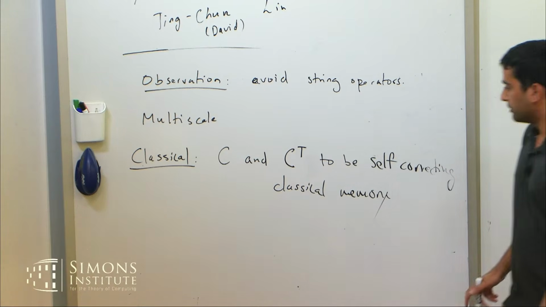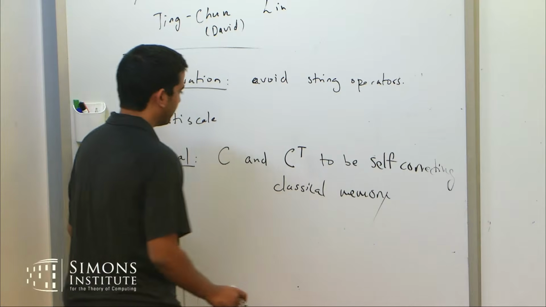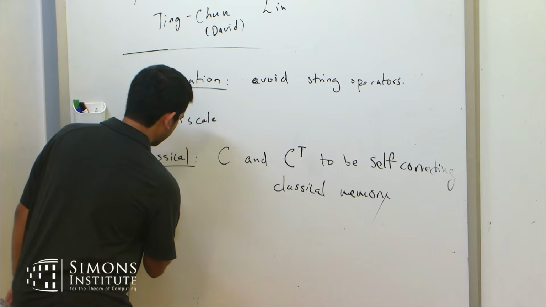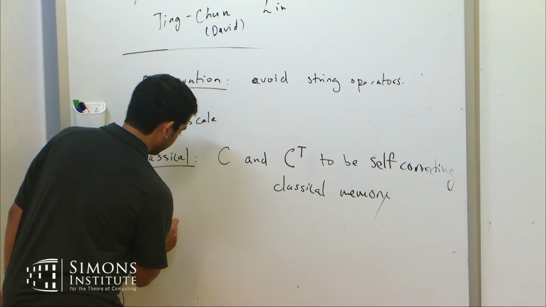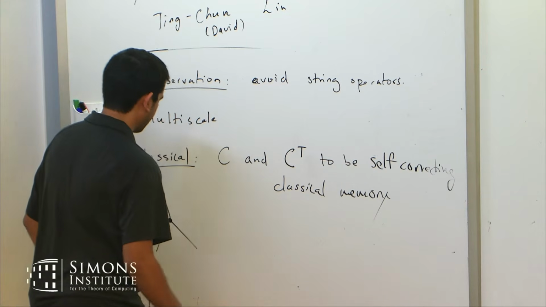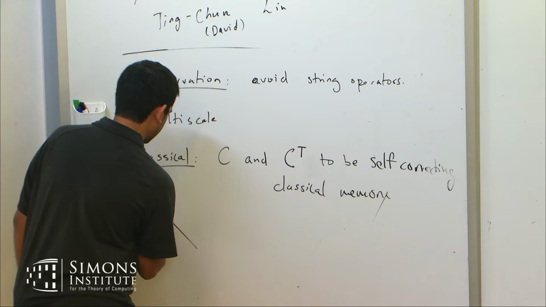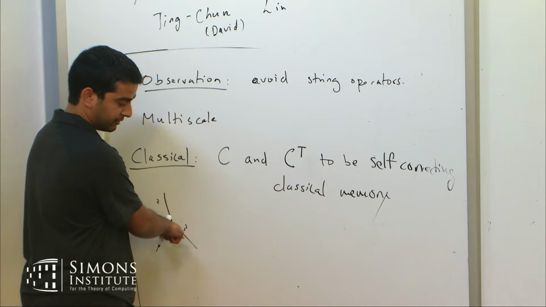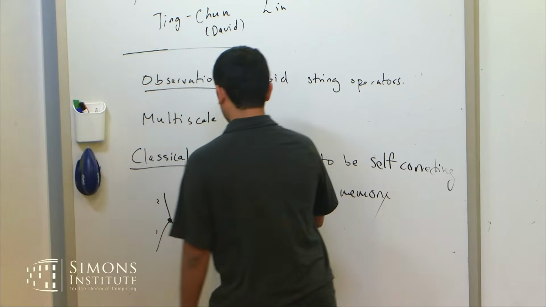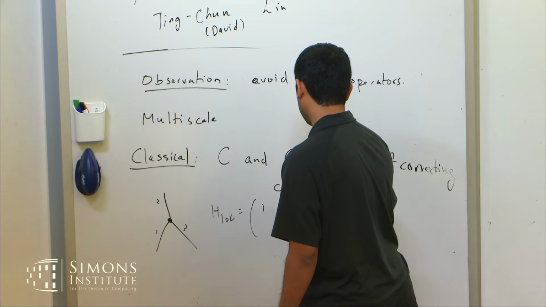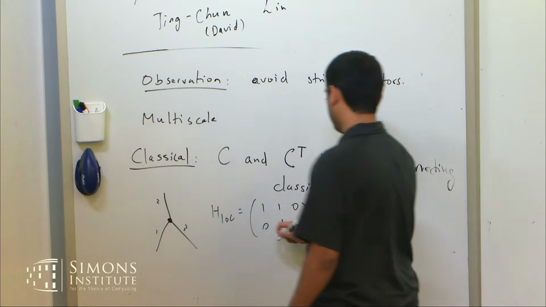Okay. So the local codes that we're going to care about are actually going to be very simple. Okay? So it's just going to be a repetition code, which I'm going to denote by a black dot. And the repetition code, so the bits are going to be on the edges. And the local parity check matrix, the repetition code, is just going to look like this.